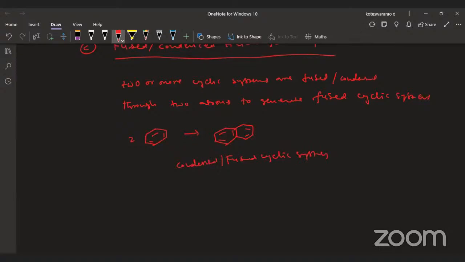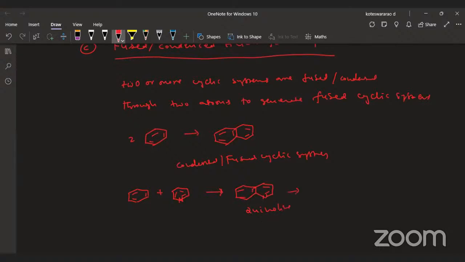Heterocyclic systems are also fused together. For example, benzene and pyridine, just understand because I am showing it like an equation, are fused together by taking two common carbons. That leads to the formation of quinoline.